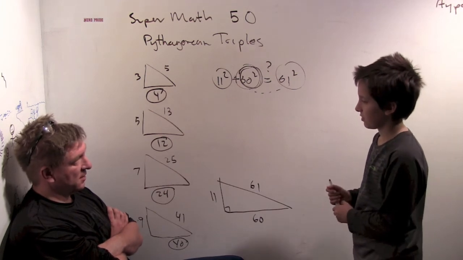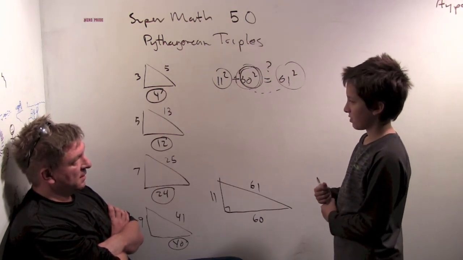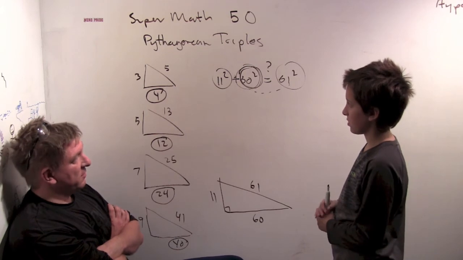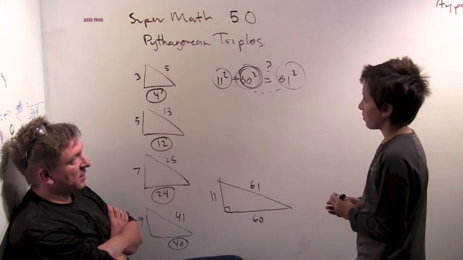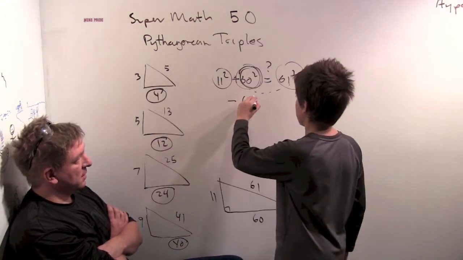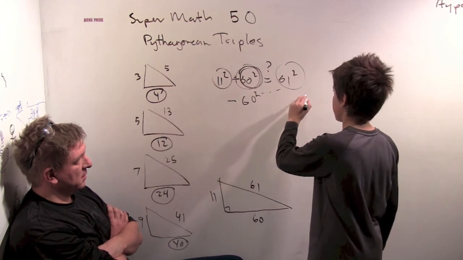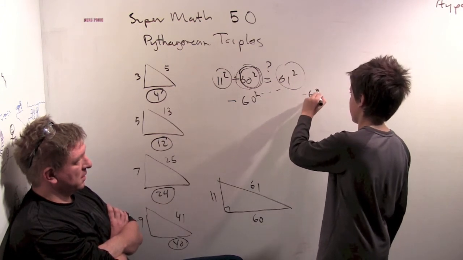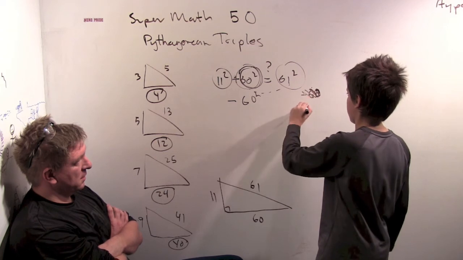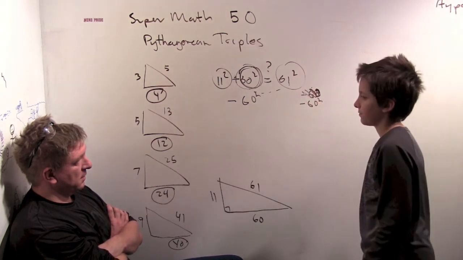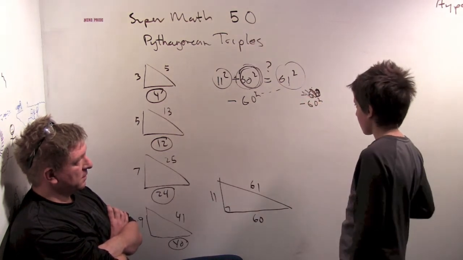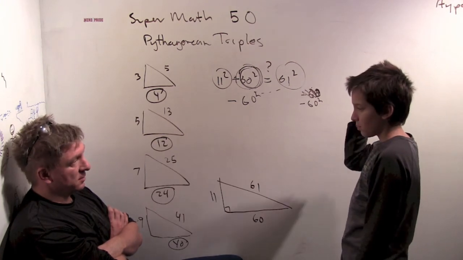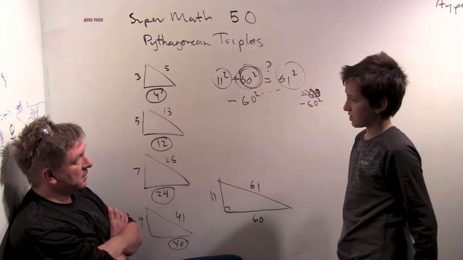That's an interesting hypothesis. What do I do when I move that 60 squared to the other side? You're subtracting 60 squared, and you're subtracting 60 squared here. Is that an okay thing to do? Well, yeah, you're doing the same thing to both sides of our equation.